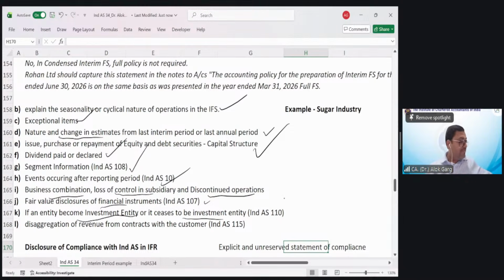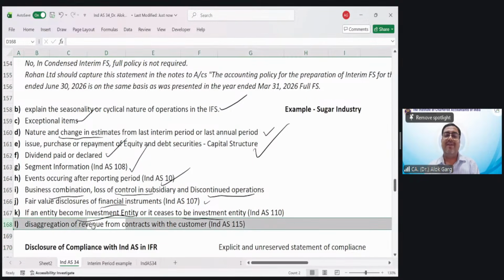But from the disclosure perspective, in interim financial statement, if a normal entity becomes an investment entity or an investment entity becomes a normal entity, you are required to disclose this fact in the interim financial statement. Disaggregation of revenue from contract with the customer.